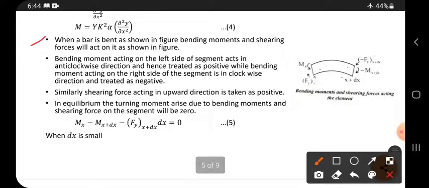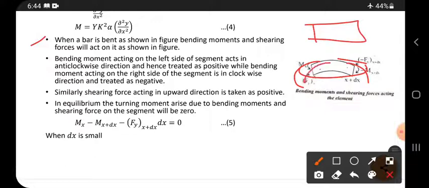When the bar is bent as shown in the figure, bending moments and shearing forces will act on it. Shearing force means a force which can change the shape of a substance. Original shape is like this, now it is bent like this, so its shape has changed.